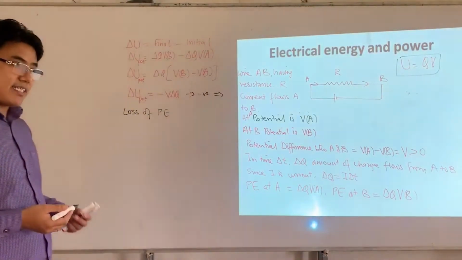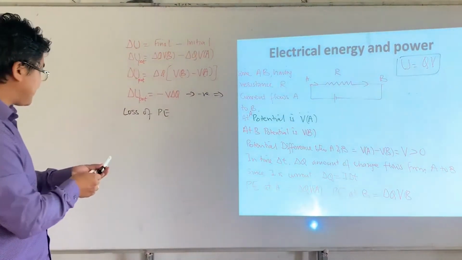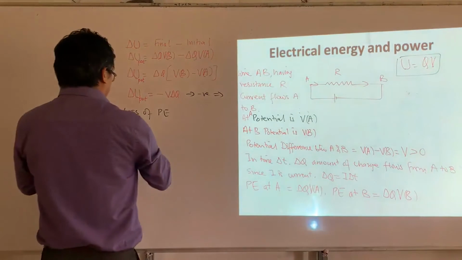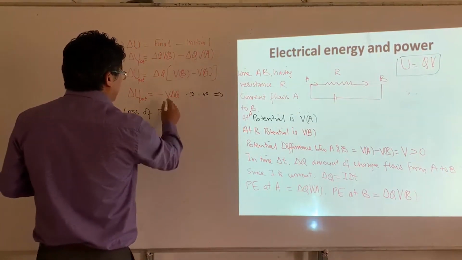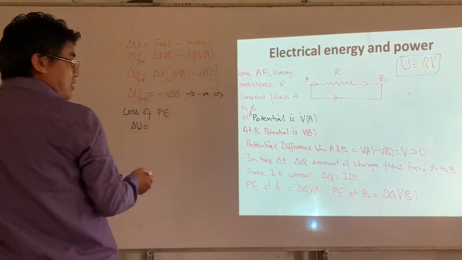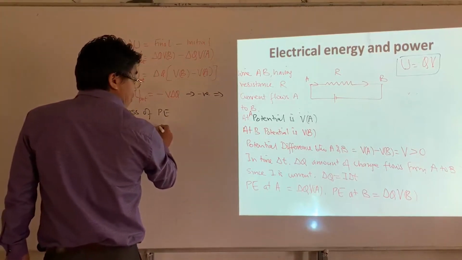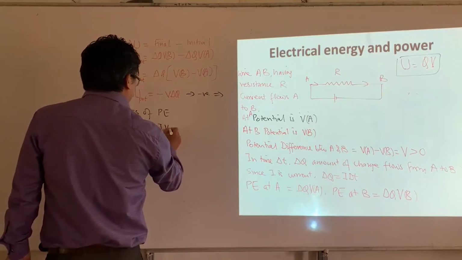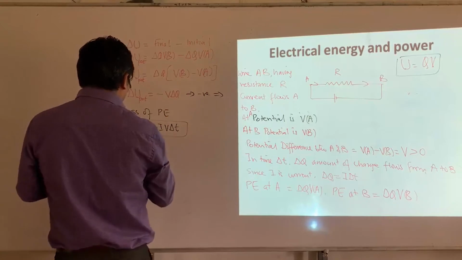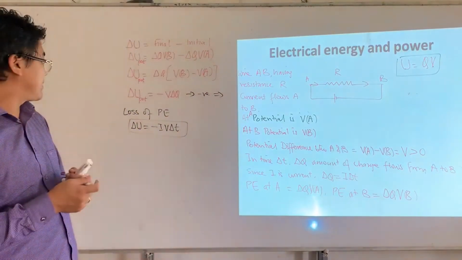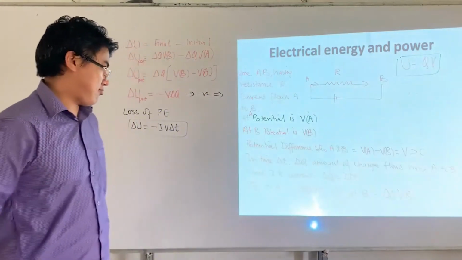Now I substitute the value of delta Q, which is I delta t. So the loss of potential energy is I V delta t. So the potential energy is going to decrease.